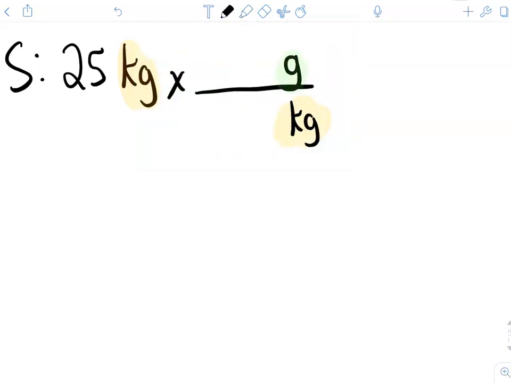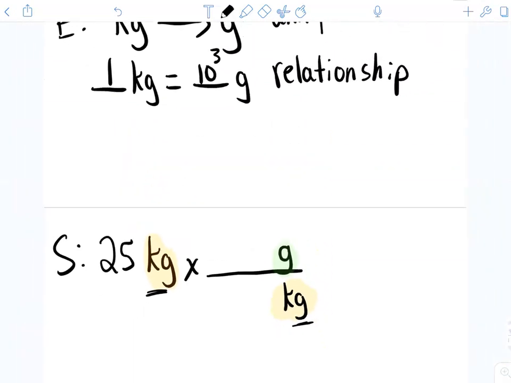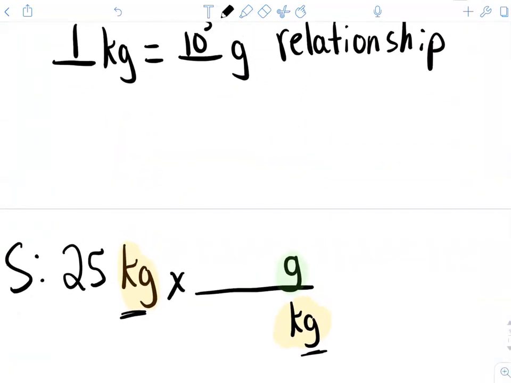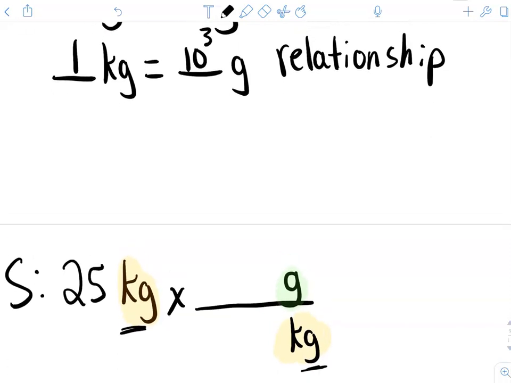So again, whatever's on the top originally then goes on the bottom, speaking in terms of units. And then we plug in from our relationship. So 10 to the third was with the grams in my relationship. It's with it in my fraction. 1 was with the kilogram in my relationship. It's with it in my fraction.